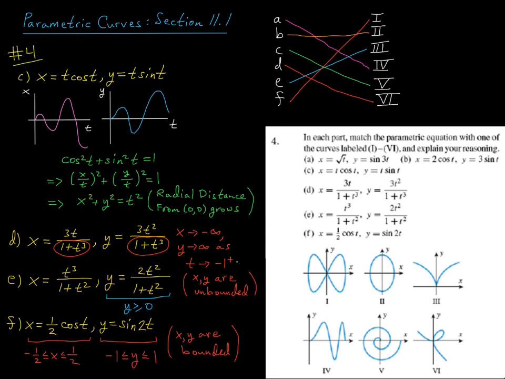In particular, the big takeaway here is that x and y are unbounded. And so D cannot correspond to curve 1, because clearly x and y are bounded in curve 1. And since in F these are both sinusoidal functions, x and y are bounded, we conclude that F corresponds to curve 1 and D corresponds to curve 6. All right, great.